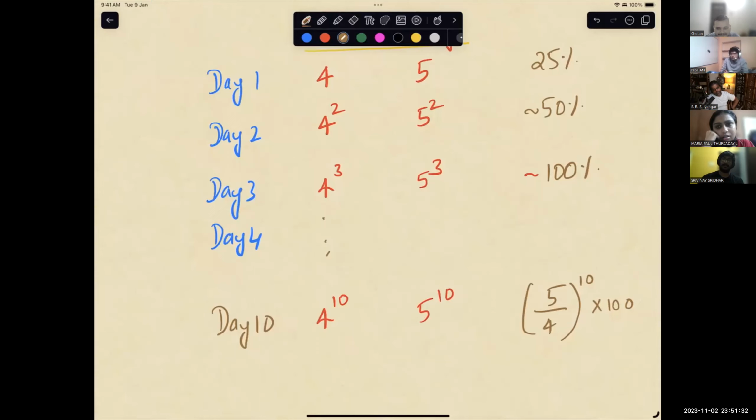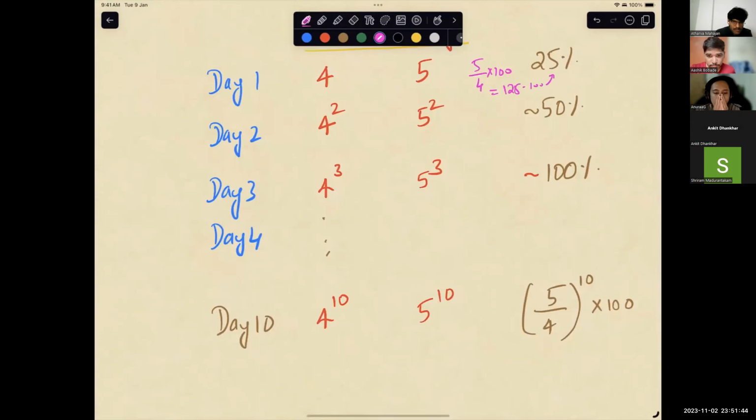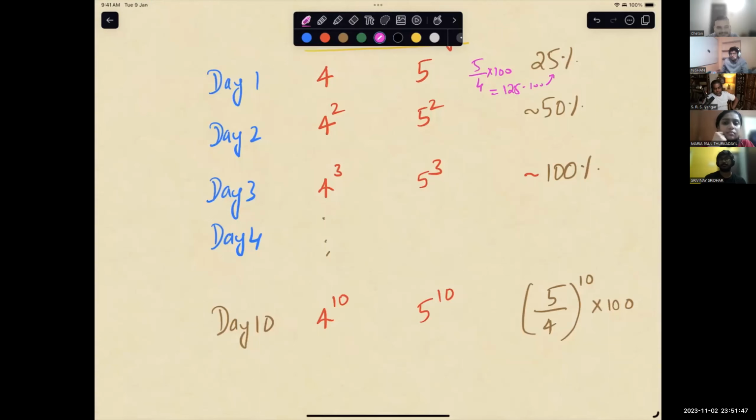If I make 5 by 4 into 100, I get 125. I'm just subtracting 100 from this and I get this. Correct? I need to subtract 100 from this, minus 100.